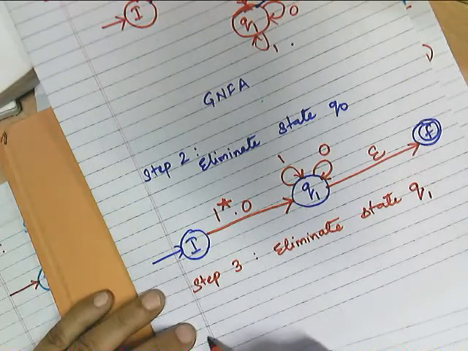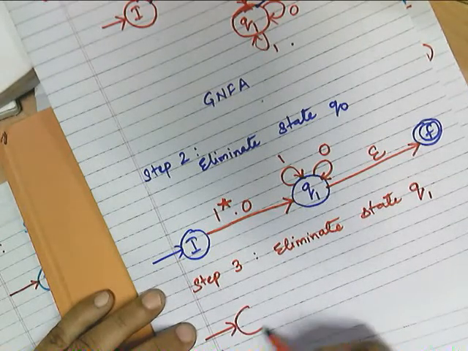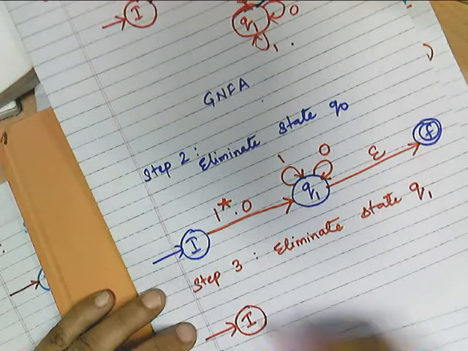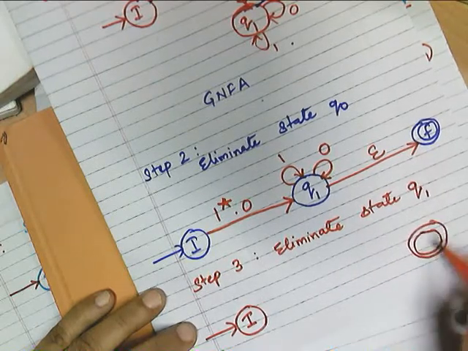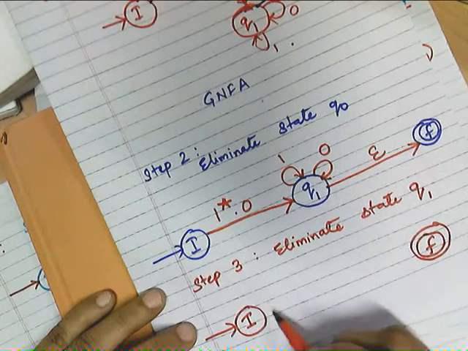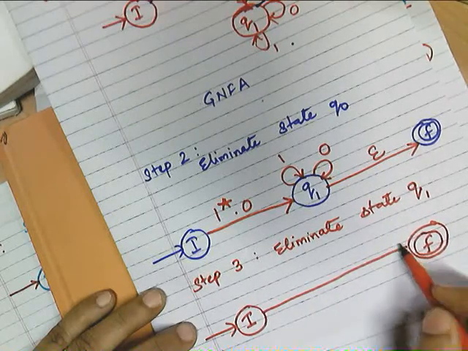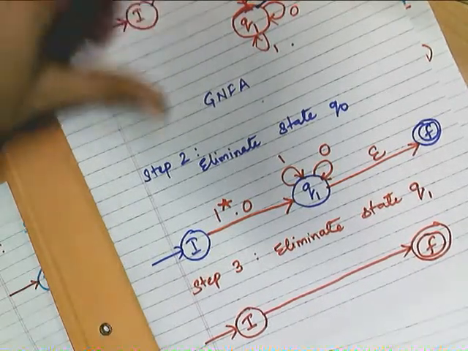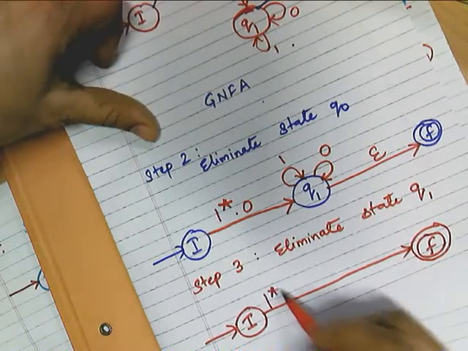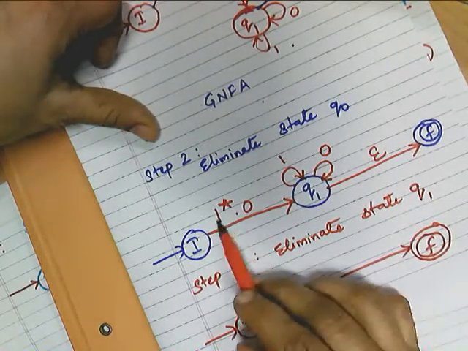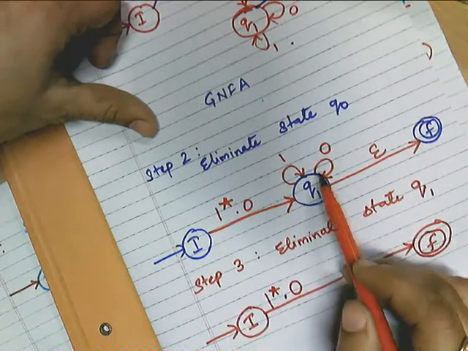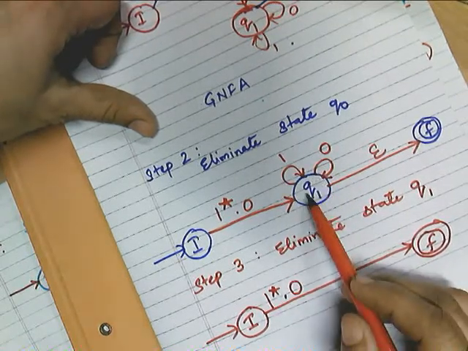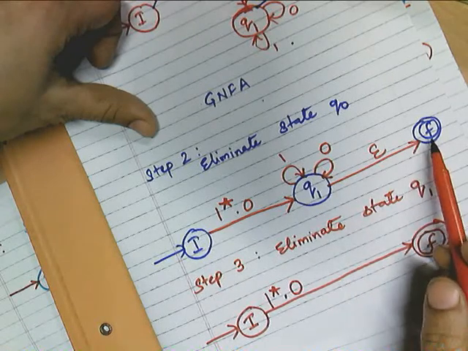Now it will be our final expression because we cannot remove the initial and final states. Now 1 star dot 0 will be my normal. If I remove this particular state, how can I reach from the initial state to the final state?